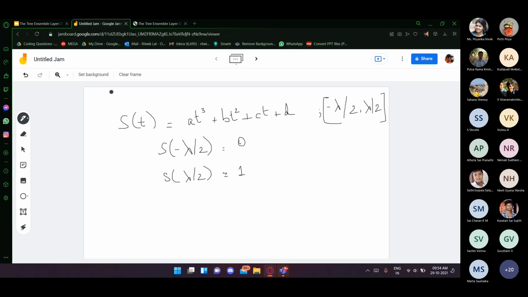So essentially, the range of t is between these. These are the conditions that they have put forward, and because they're also dealing with gradient-based optimization methods, they've also come up with first-order derivative conditions, where the first-order derivative at minus lambda by 2 should have the same value as at lambda by 2.